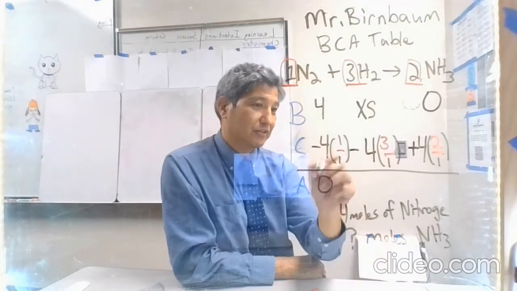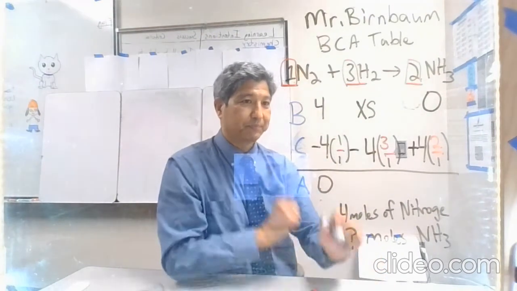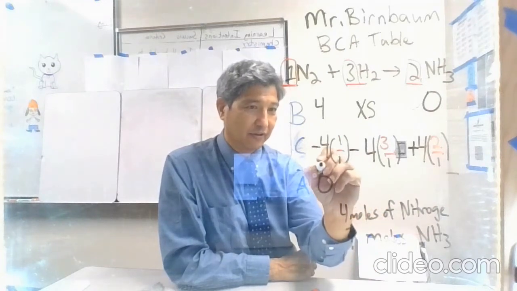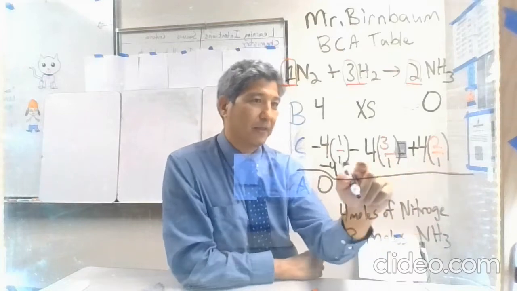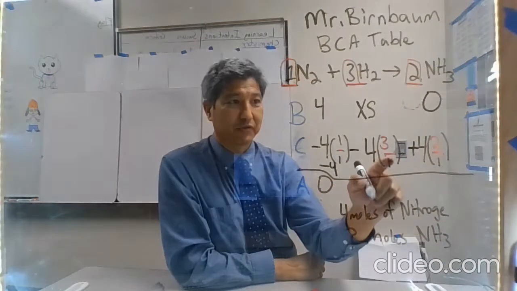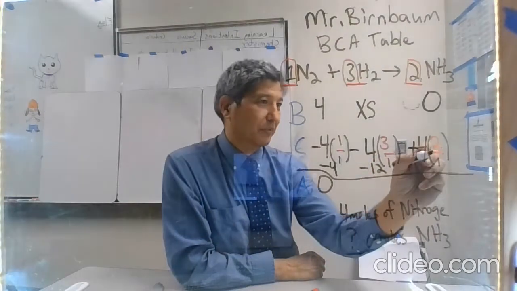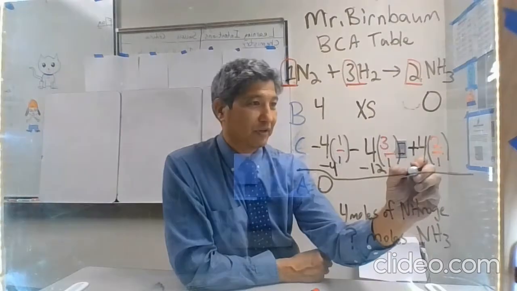So now I need to change these into decimal numbers. So my negative 4 is just going to stay negative 4. My negative 4 times 3 over 1 is going to be negative 12. And then my 4 times 2 divided by 1, that's just going to be 8.